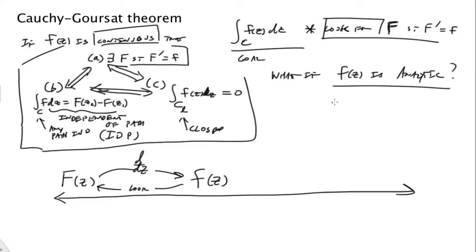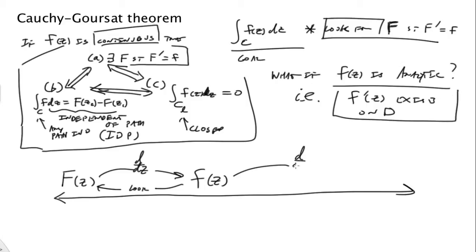That is, f prime of z exists on D, our domain of interest. That's what analytic means. And that means I can do another one of these, d dz to f prime of z, okay? And the question is, does that buy us anything? Okay, so it turns out it does.